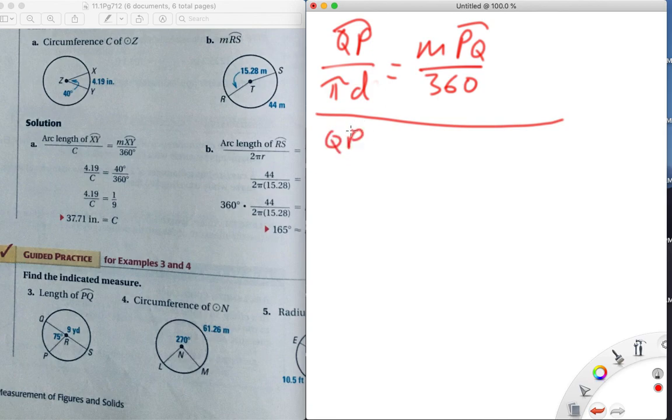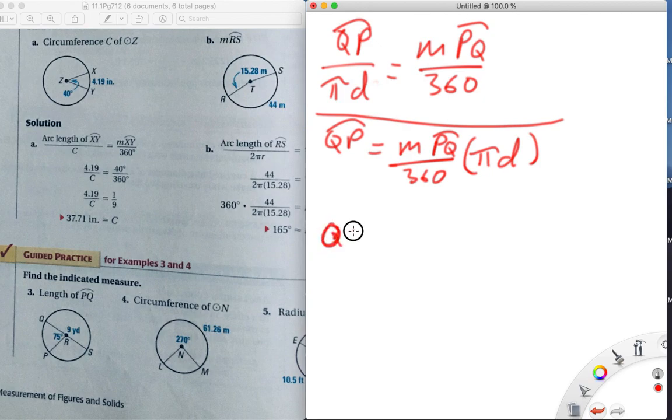So I'm going to multiply both sides by pi d. So QP, pulling in the numbers, since we're looking for QP, that's going to still be there, is equal to 75 over 360 times pi 9.